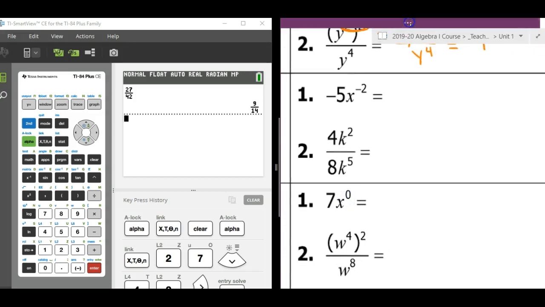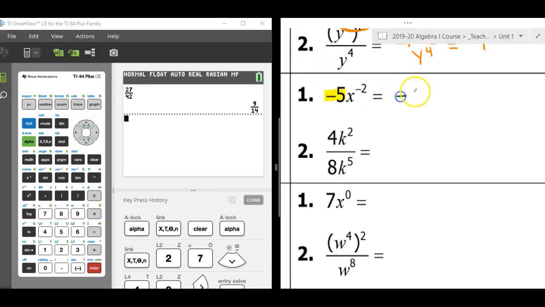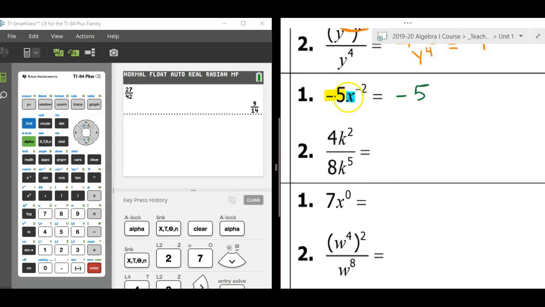So let's look at this example. -5, the number, there's nothing wrong with -5, that's just a number. The rule applies to negative exponents, not negative numbers. So x to the -2. We have a base x, and its exponent is -2.